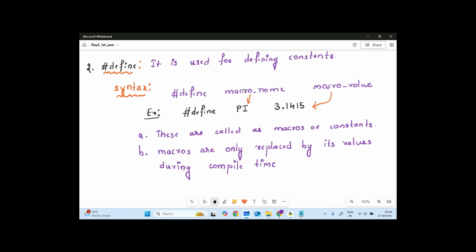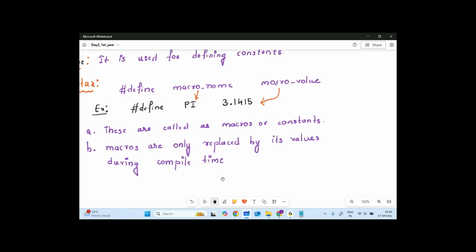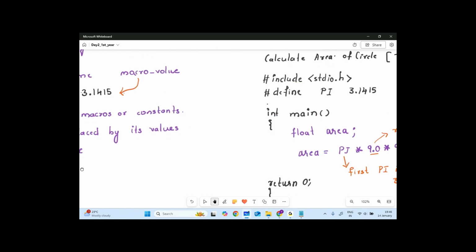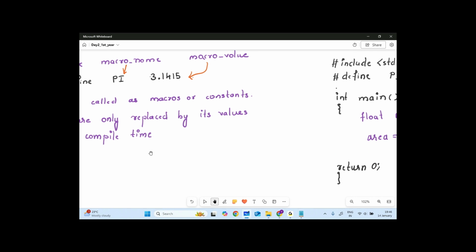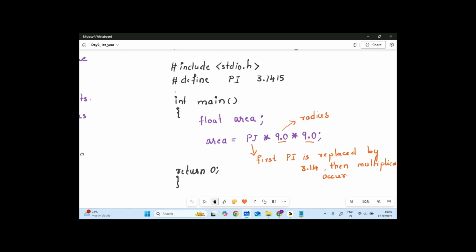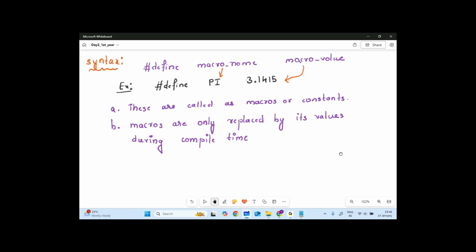No, it will never execute. So during compile time we remove the comments from the program, so that at machine level comments are not present, because the machine cannot understand English. So remember that macros are only replaced by their values during compile time. I've written an example on this side.